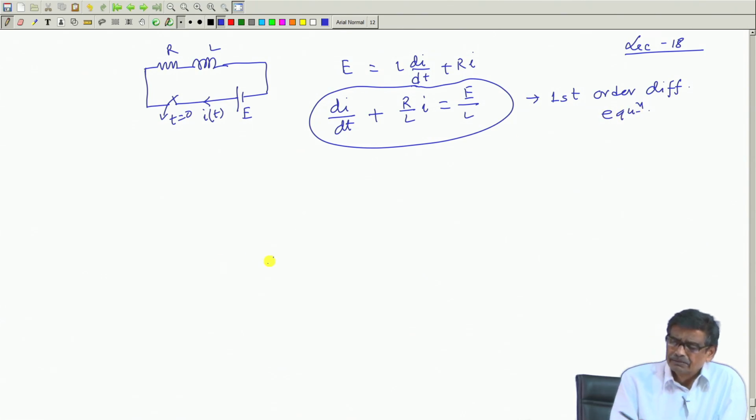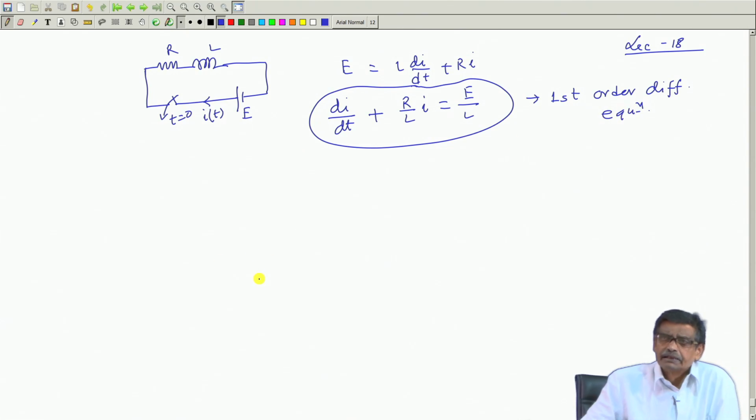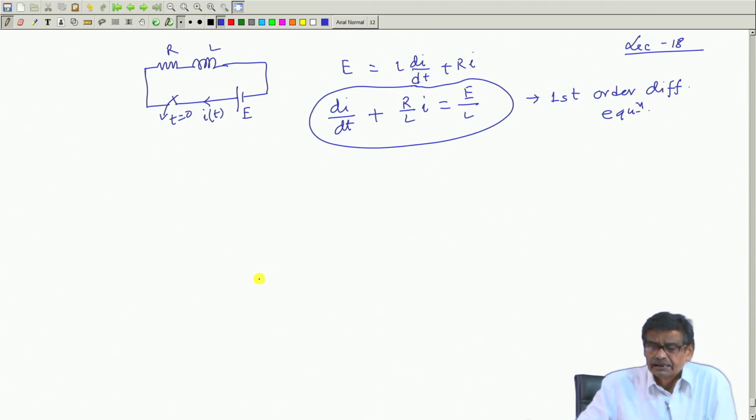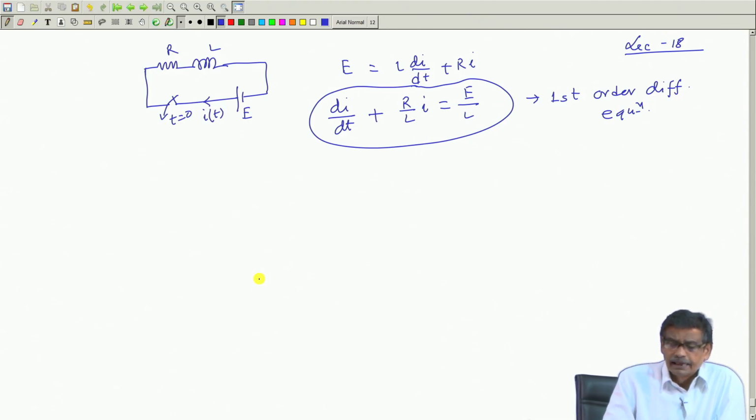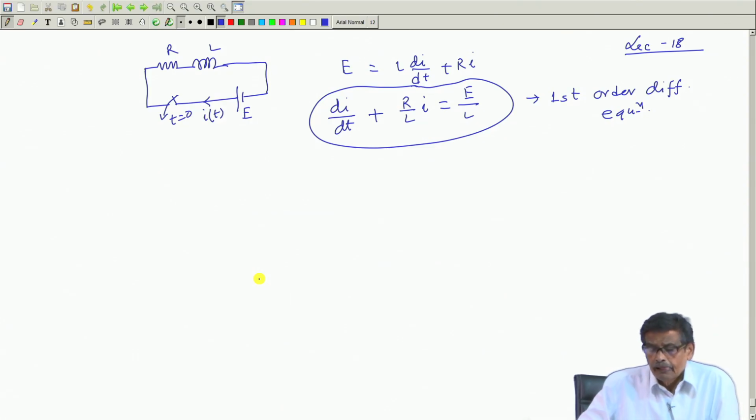And then I multiplied with the integrating factor, then integrated, and got the value of i in my previous lecture, similar to the capacitive circuit. Now, I will digress a bit from the circuit and tell you today that in a circuit, when currents are functions of time and energy storing elements are present, it is bound to give rise to linear differential equations.